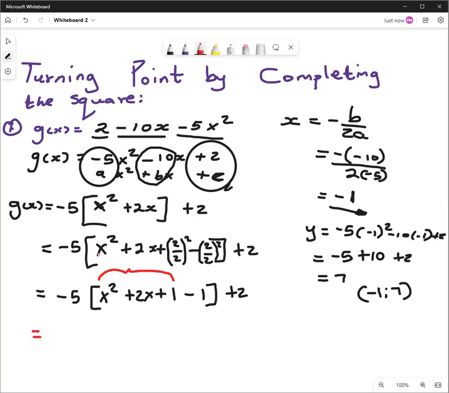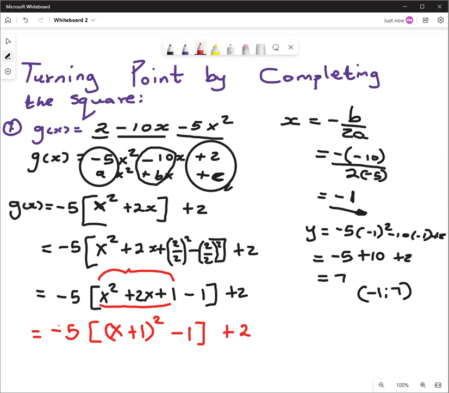So you have negative 5 outside. When you complete the square, this part will always give you this bracket. You square root x squared, which is x. You square root the last one, square root of 1 is 1. You take the sign on b, so it's plus there, like that. Then you have minus 1, then you have plus 2.